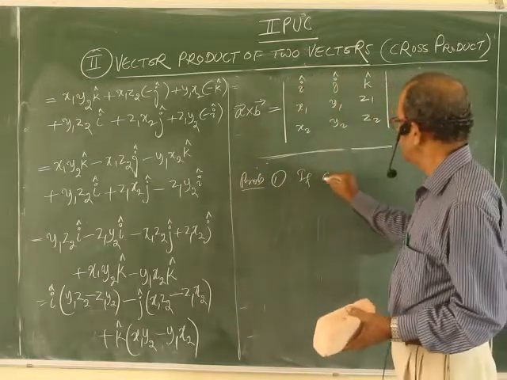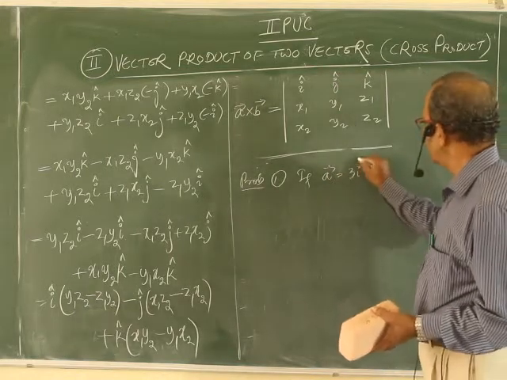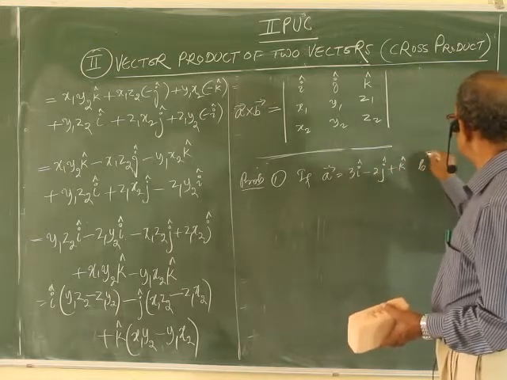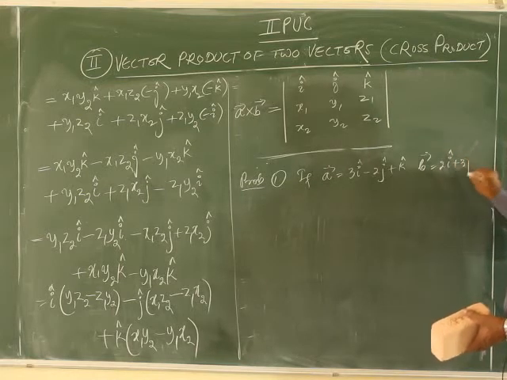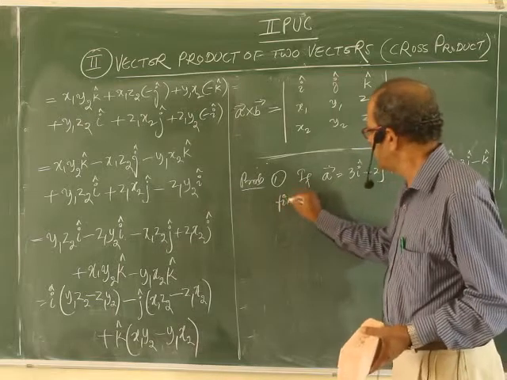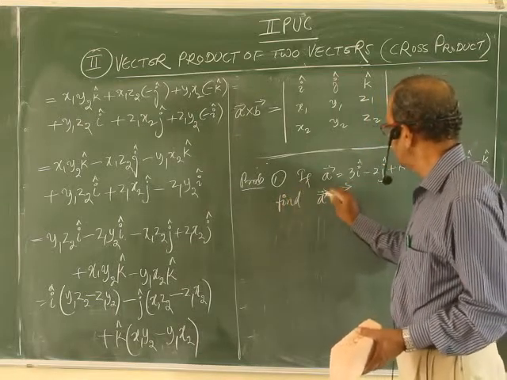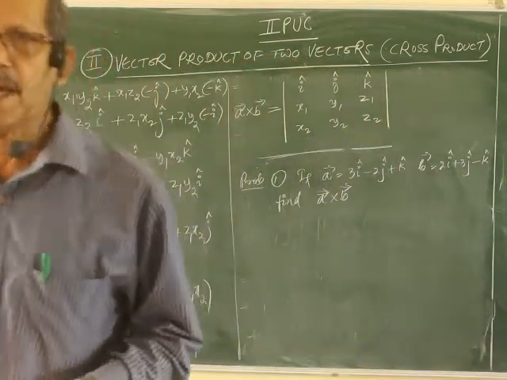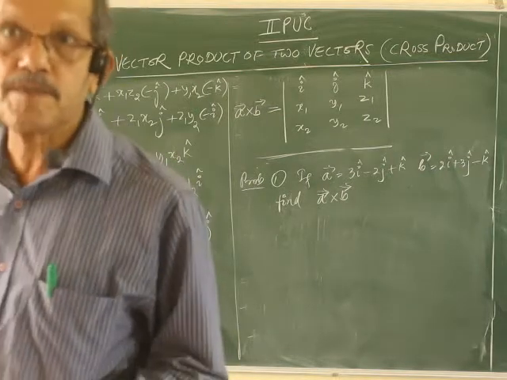If A equal to 3i minus 2j plus k, B equal to 2i plus 3j minus k, find A cross B. Direct question. Use the formula. You should get a vector because A cross B is a vector.